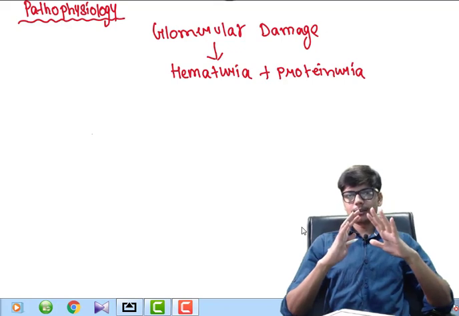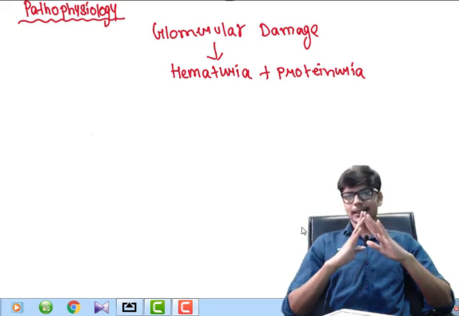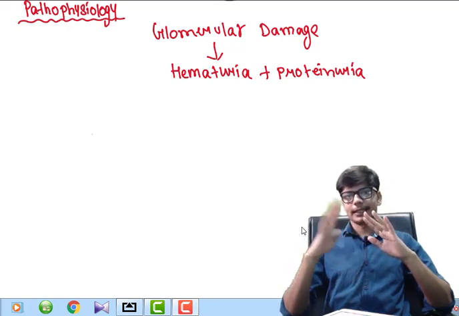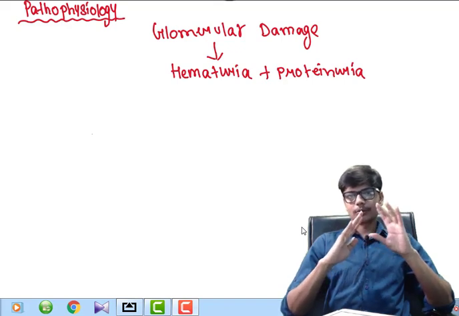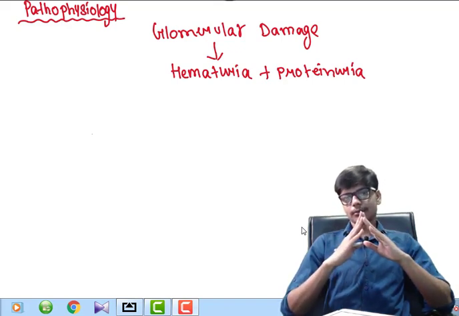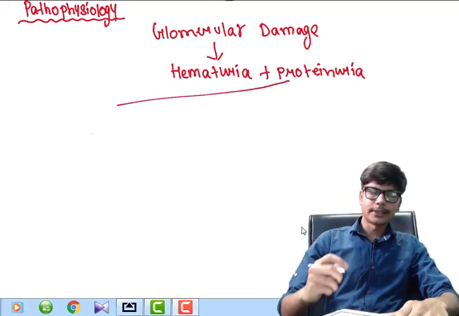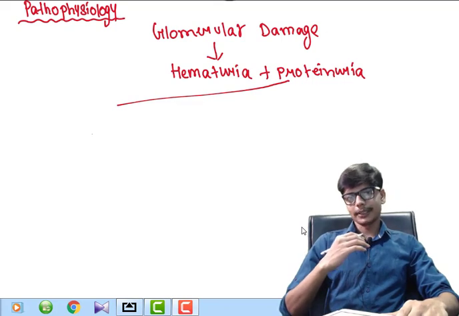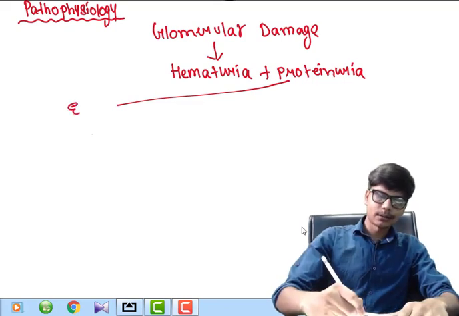The glomerulus has been damaged by the antibody-antigen complex, which results in a leak, and now RBCs start filtering through this filtration unit, as well as protein, which results in hematuria and proteinuria. This proteinuria can cause hypoalbuminemia, and now this hypoalbuminemia can cause edema.